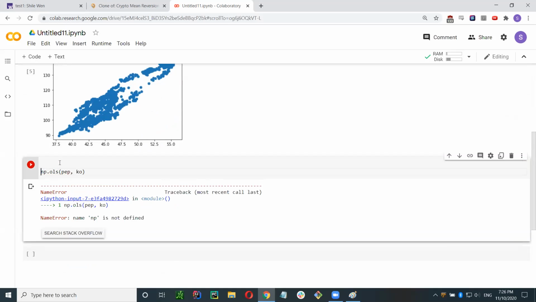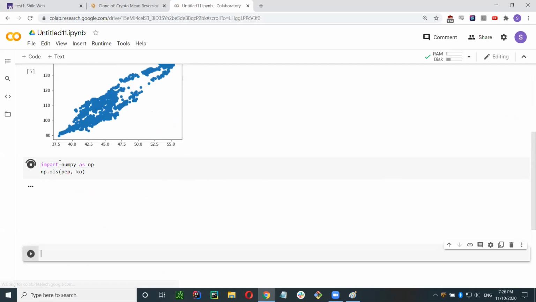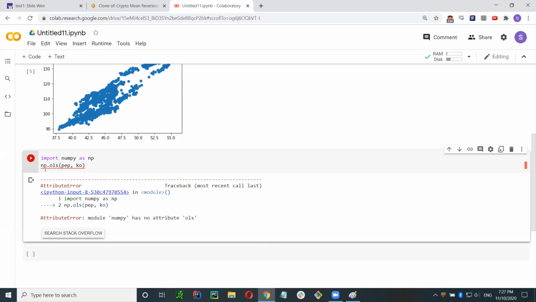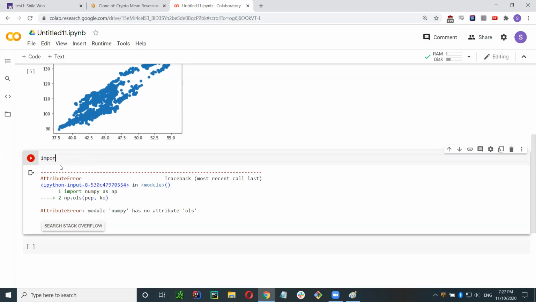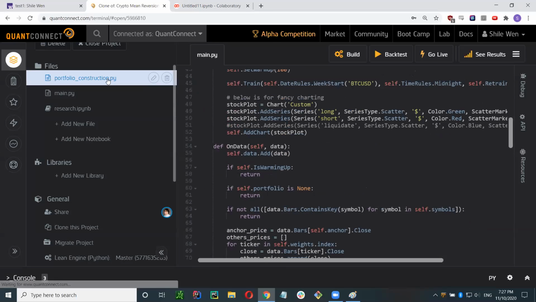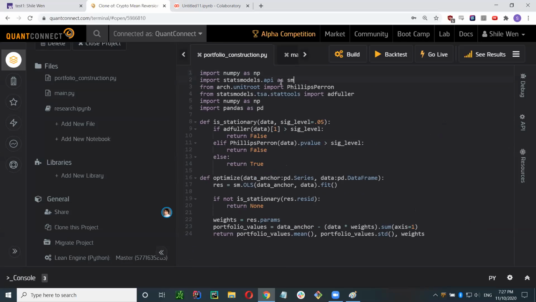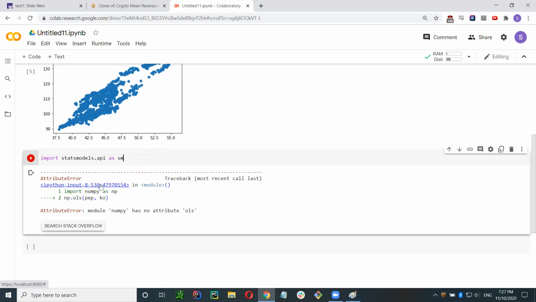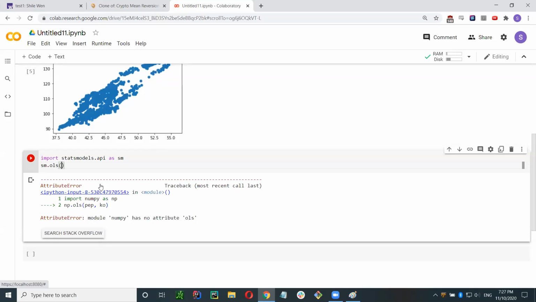Oops, I didn't import it. Actually, let's just use statsmodels OLS. It's OLS. Okay, PEP, KO.